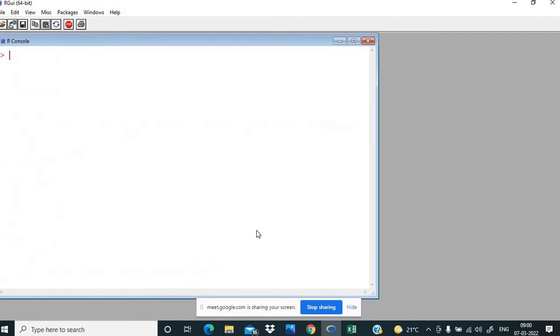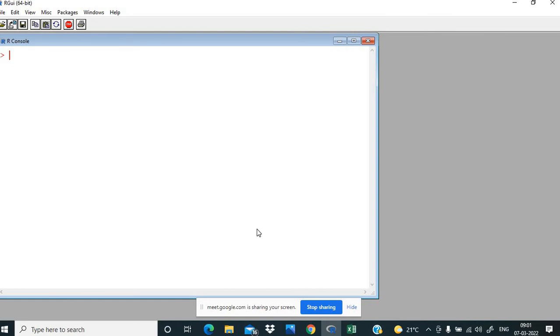Now let us press Ctrl L and clear the screen, and then we go to the mean deviation from mean. We have mean deviation from mean, mean deviation from median, mean deviation from mode. If you remember, the formula is 1 by n summation mod xi minus x bar. So that is mean deviation from mean.